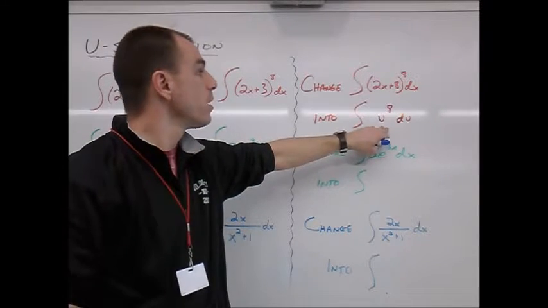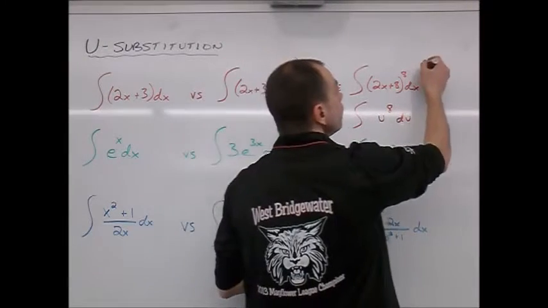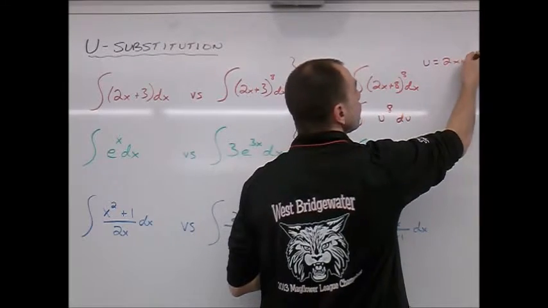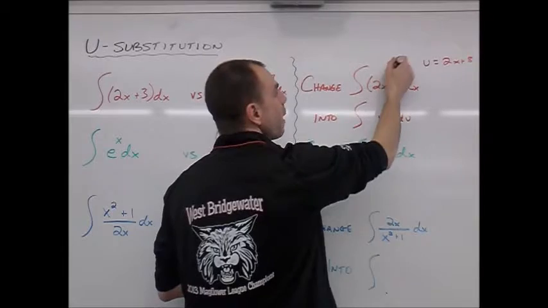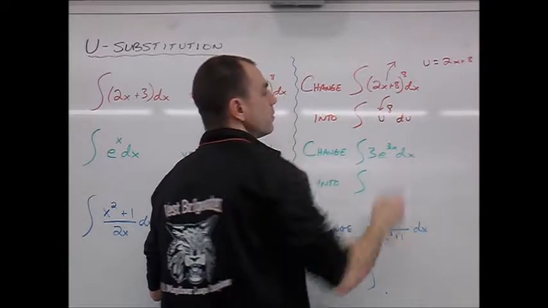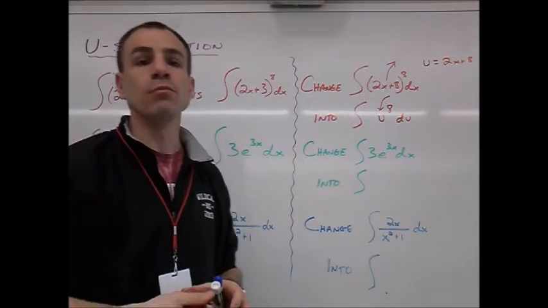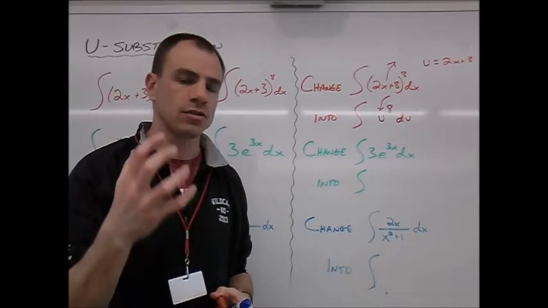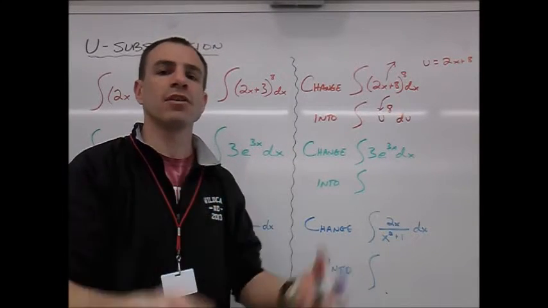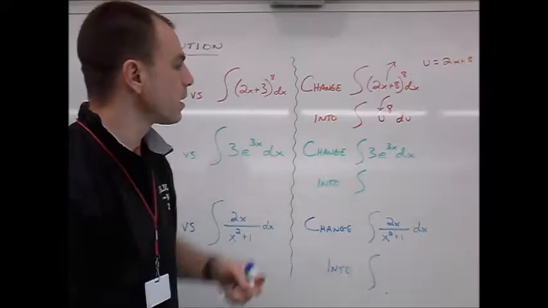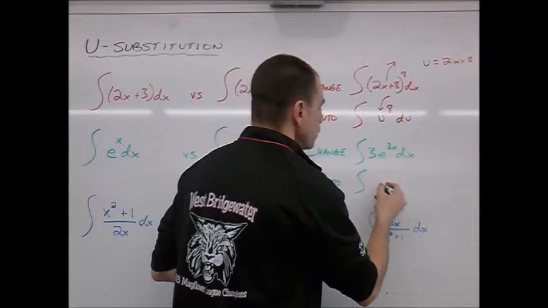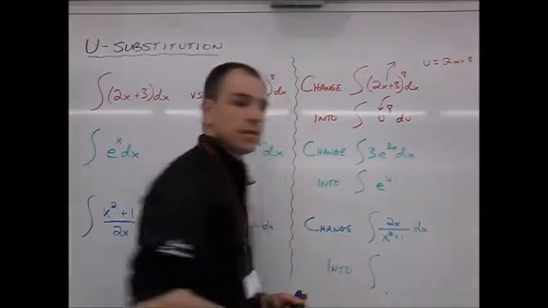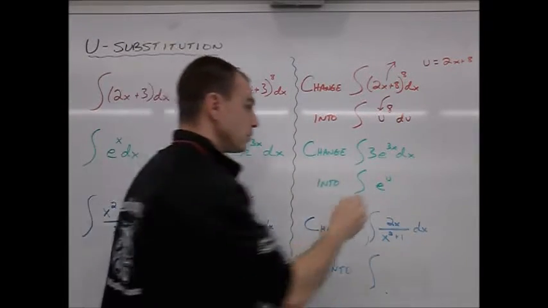So we're going to say, what if u was equal to 2x plus 3? Then we can sub the 2x plus 3 out, and we can sub the u in. Now, there's more that goes into this, and I'm going to talk about that in future examples, but that's our general idea. Same thing right here. What if we were able to have this 3e to the 3x turn into just e to the u du?